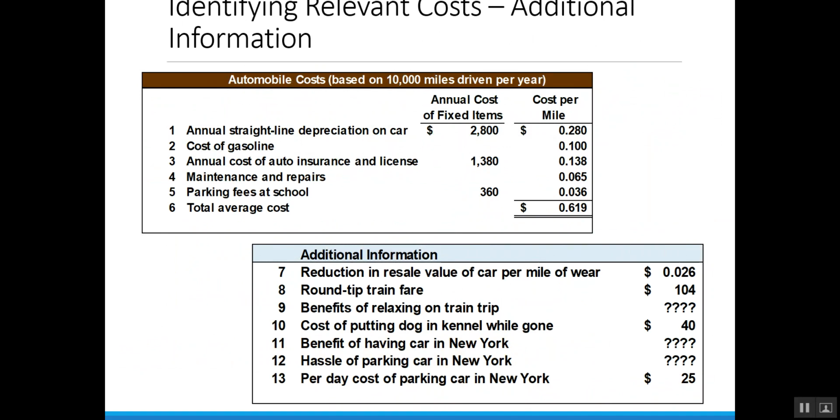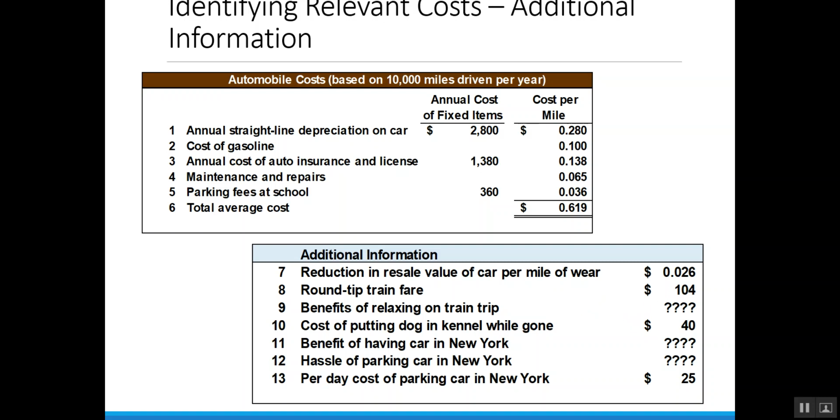Now we need to figure out, okay, what really is relevant. There's some additional information here. If she drives the car, per mile there's going to be some reduction in resale value. The round trip train fare is $104. What are the benefits of relaxing during the train trip?